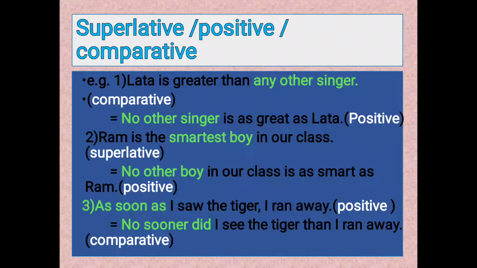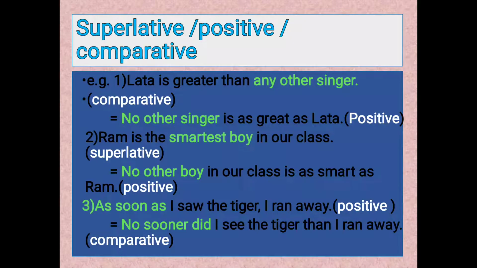This is a comparative degree, but in an affirmative sentence. Now we have to convert it into negative, so we change it into positive degree, and that becomes a negative sentence. The answer is: no other singer is as great as Lata.